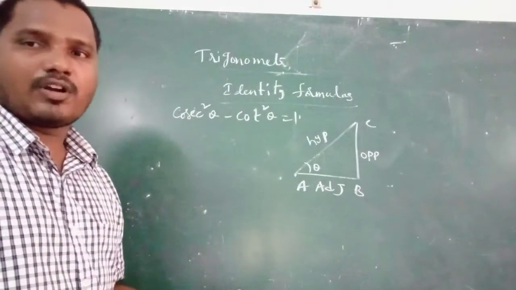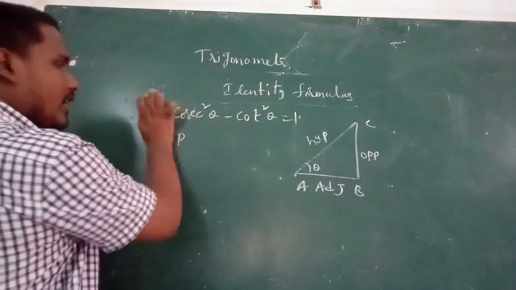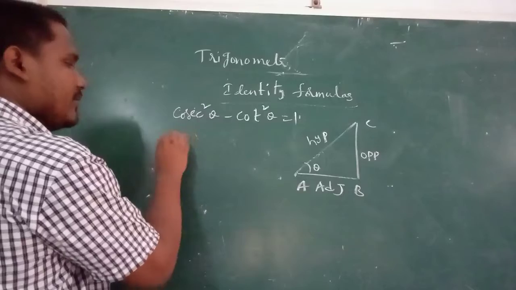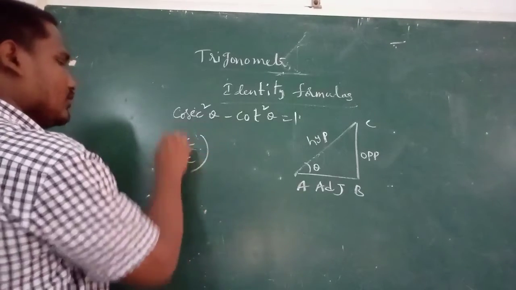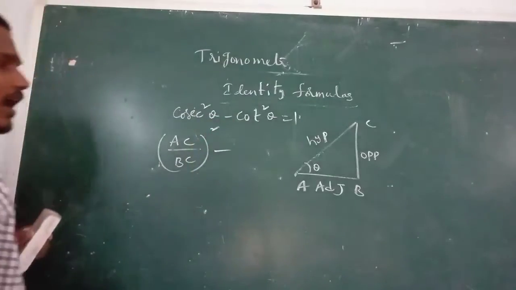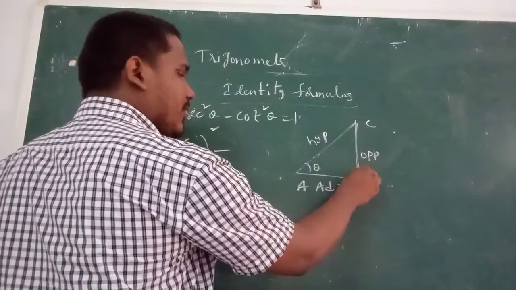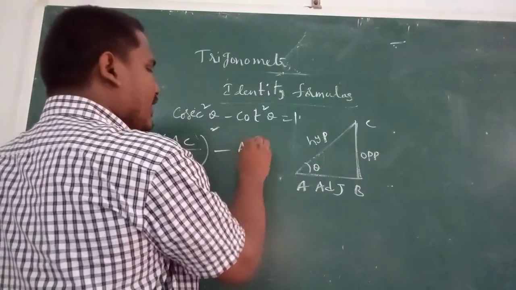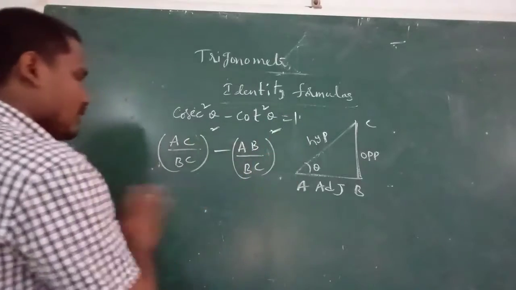Cosecant means reciprocal, hypotenuse by opposite, that is (AC by BC) whole square minus cot, which means reciprocal of tan theta. Tan theta is BC by AB, so cot is (AB by BC) whole square.